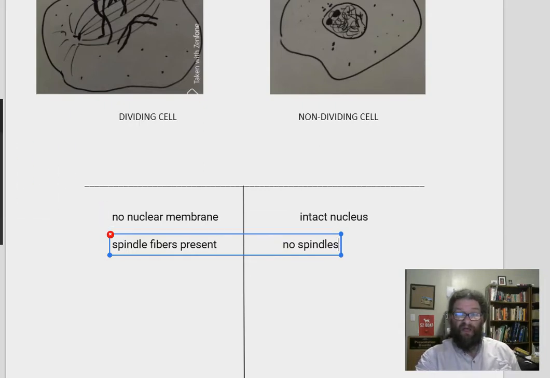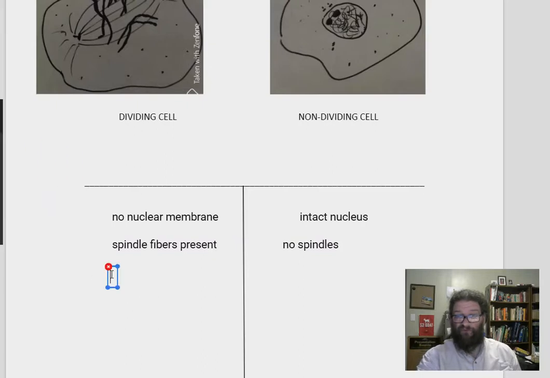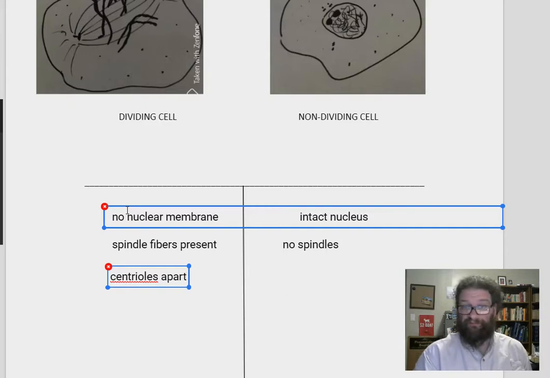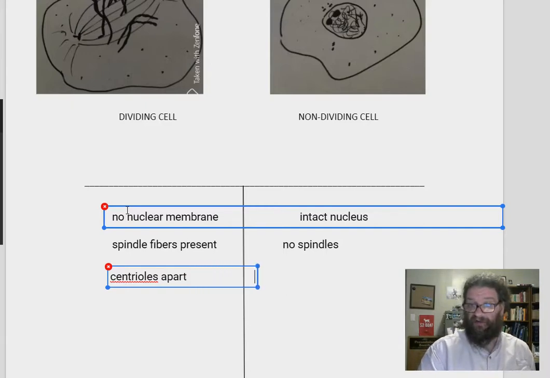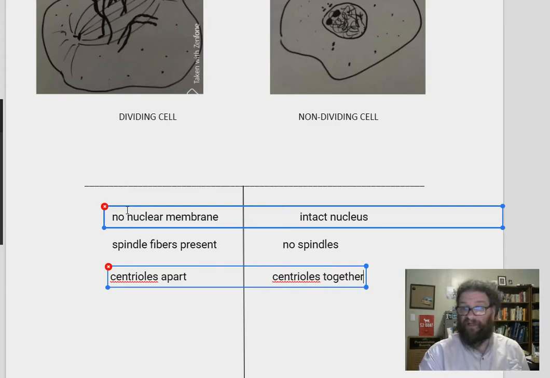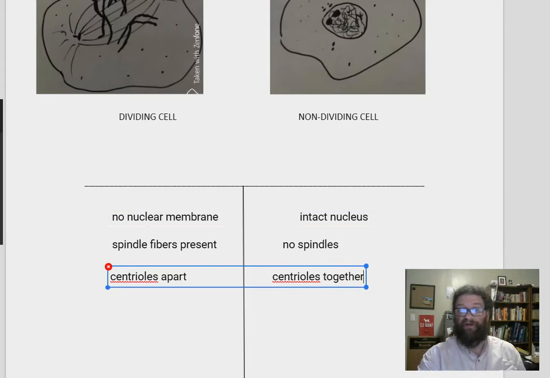And I was going to say the spindle fibers being present are the result of the movement of these centrioles. So over here the centrioles are apart from one another, where in the non-dividing cell, the centrioles are together. They haven't had a chance to make those spindles in between them.